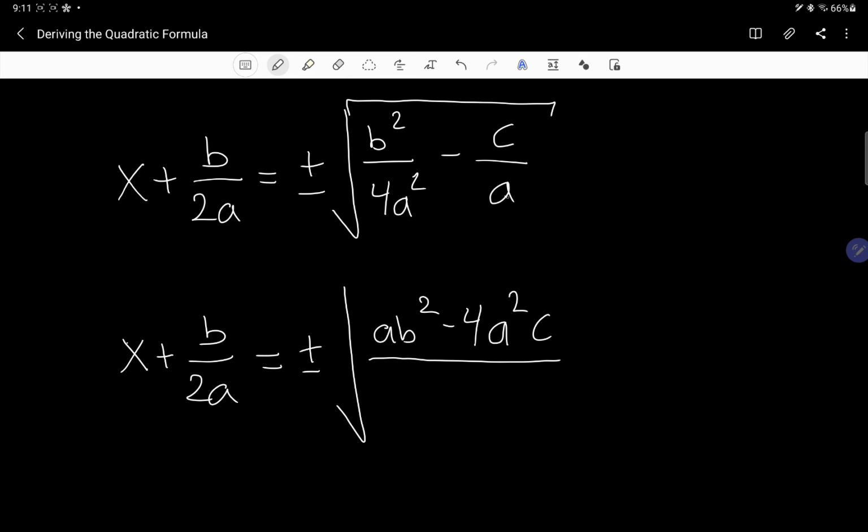And that's over the product of these two, so that's 4a cubed.